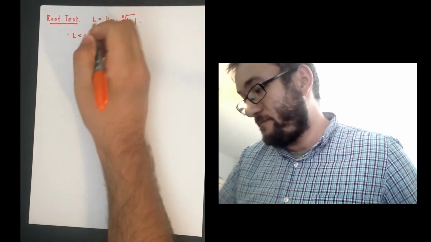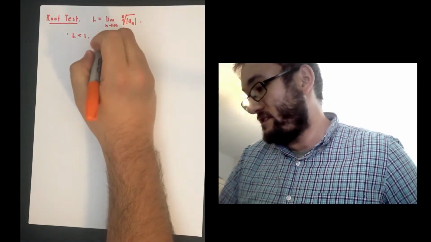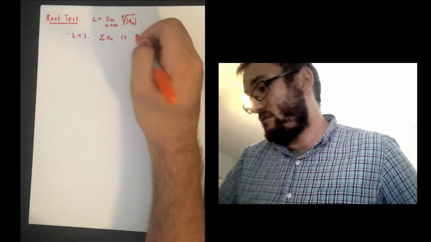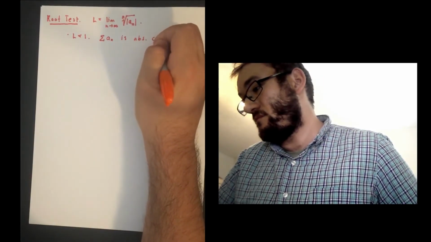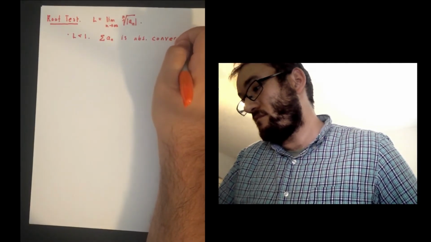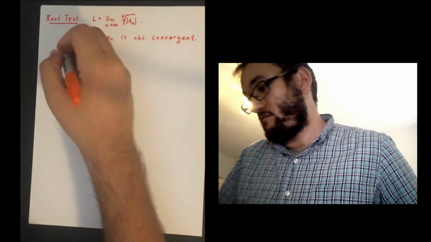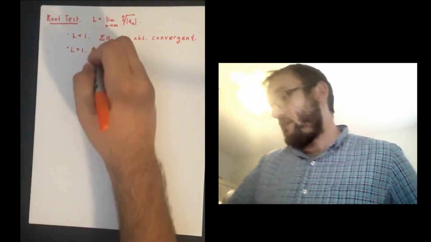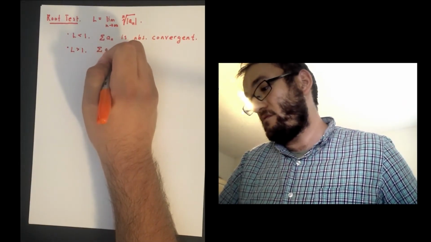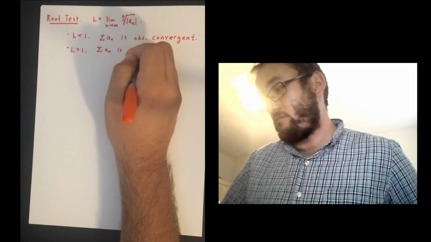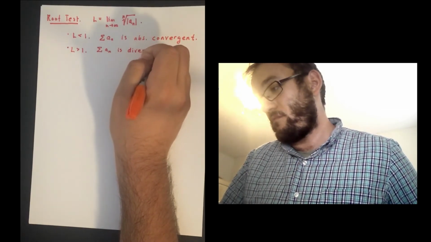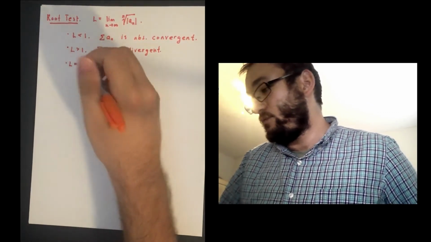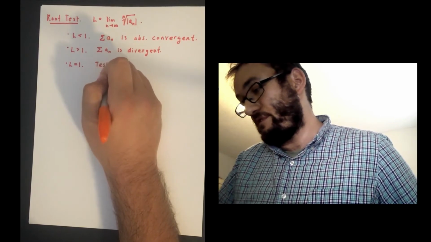If L is less than 1, then the series is absolutely convergent. If L is greater than 1, then the series is divergent. And if L is exactly equal to 1, then the test is inconclusive.